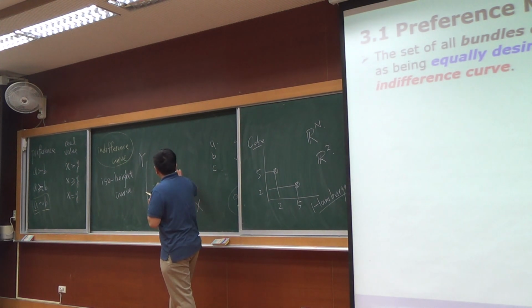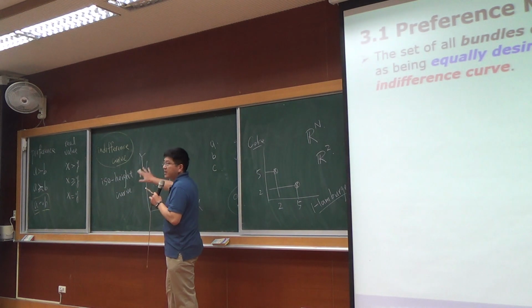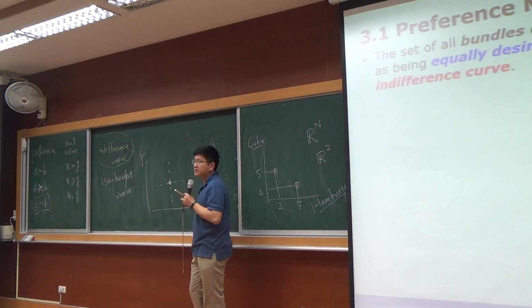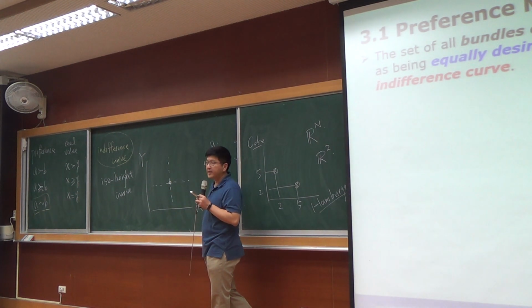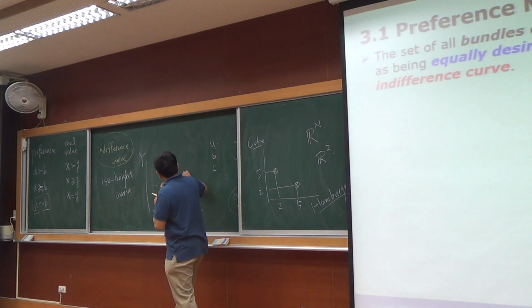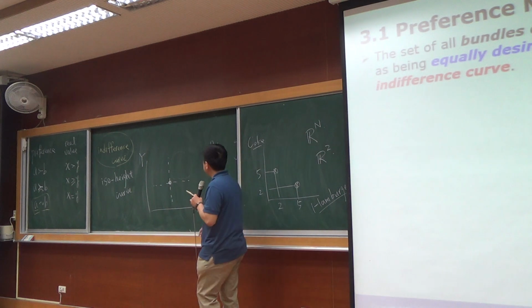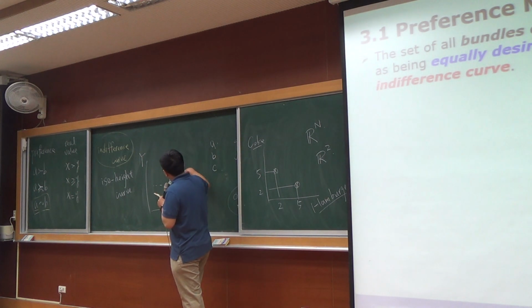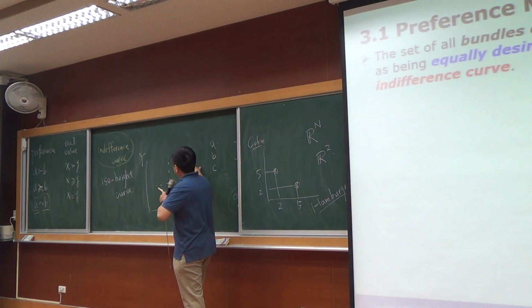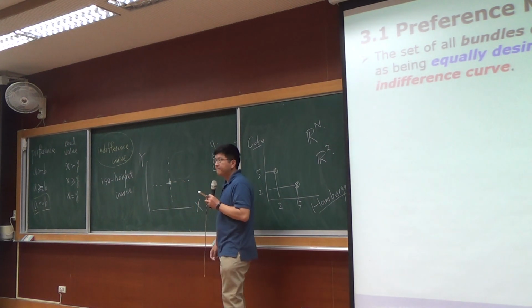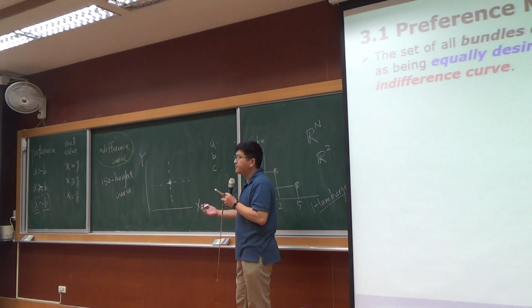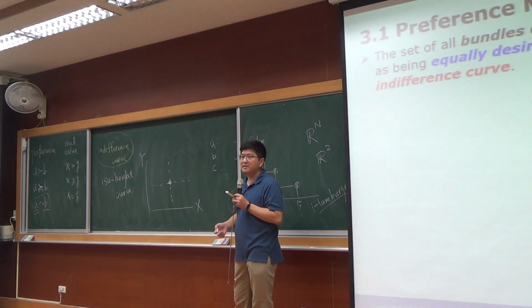So we may divide the plan into 4 regions, 4 areas. Okay? What do you think about area A? Do you think points in this region can be indifferent from this one? Can they be or not?